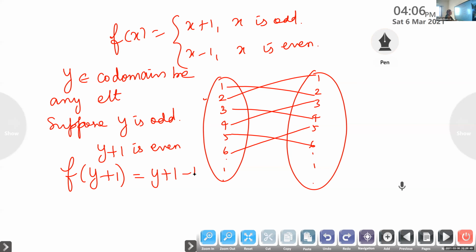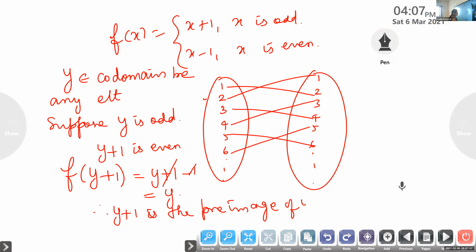Now y plus 1 is even, so it will be f of y plus 1 is y plus 1 minus 1, so that is y. Therefore, y plus 1 is the preimage of y when y is odd.